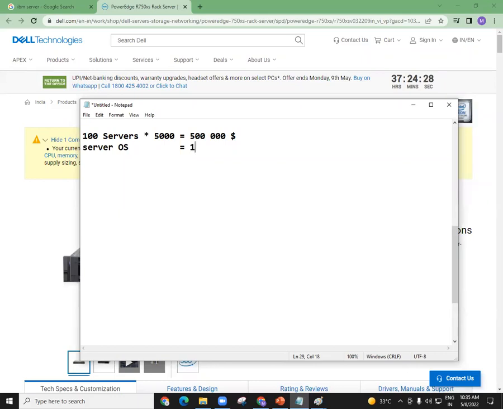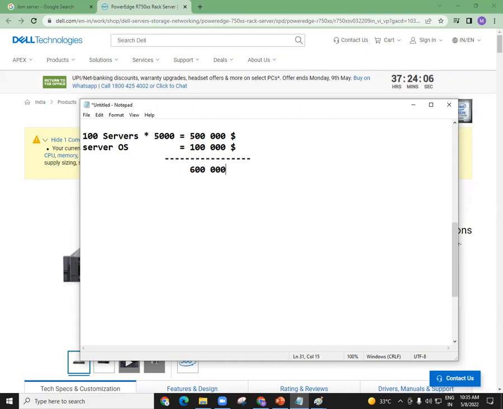So just imagine a company spending $100,000, $1 lakh on a server operating system. Windows, Linux, or whatever we are using, we are spending that much money. We have to take the license here, right? So my calculation here is a company has already spent... This is a very rough calculation, friends.